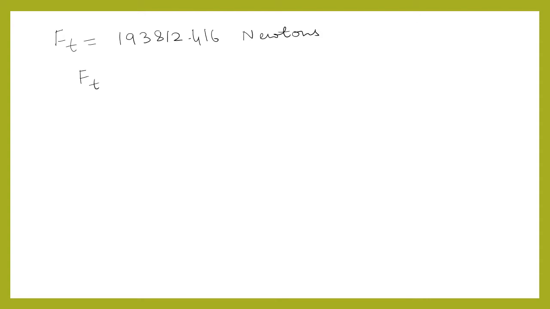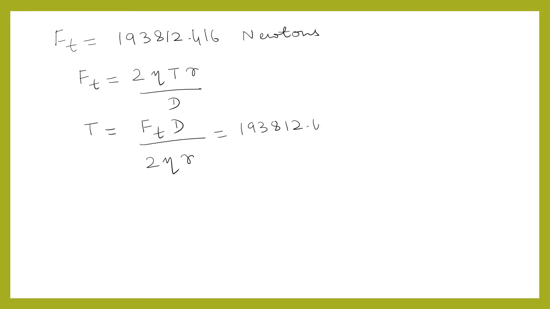That is Ft equal to 2 neta T gamma by D, which implies T is equal to Ft D by 2 neta gamma, that is 193812.416 into 0.915 by 2 into 0.95 into 3.5.